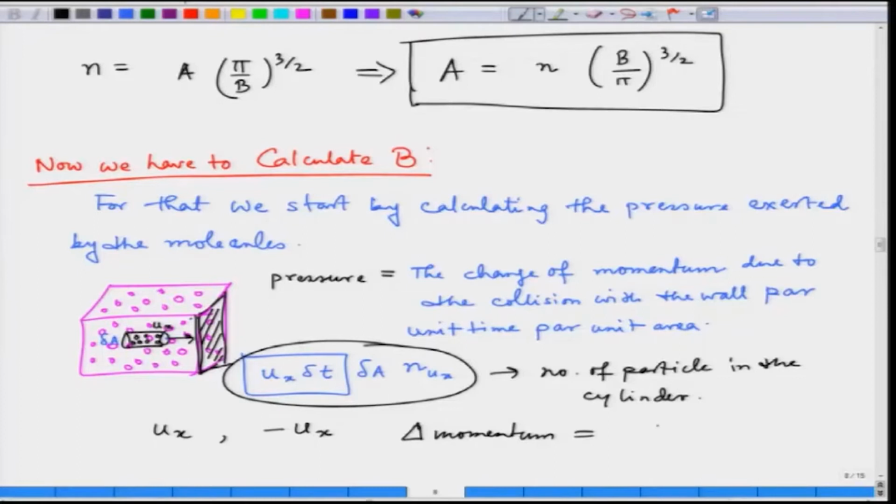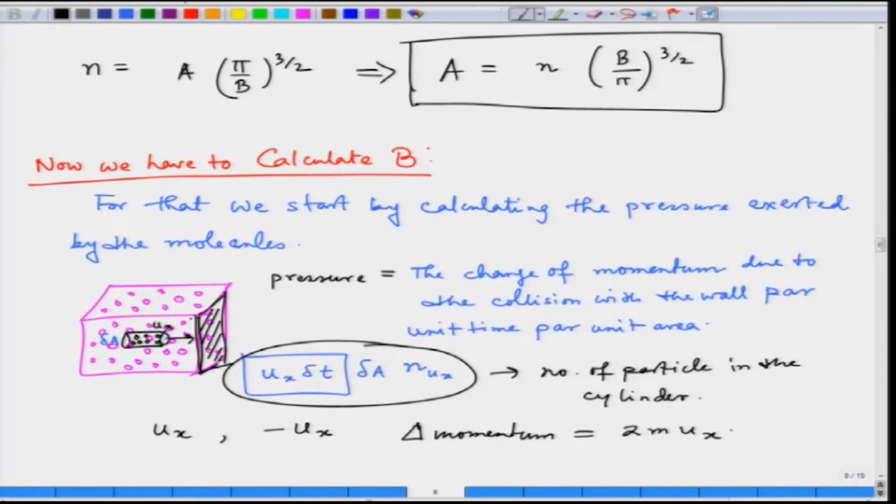We are only considering the momentum change along the x direction. They can have any other momentum change in y and z directions, maybe 0, maybe non-zero, but we are now considering what happens in the x direction. So, in the x direction they will have a momentum change of 2 m ux.